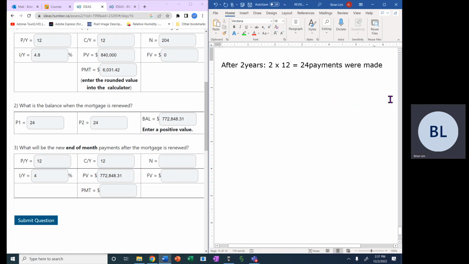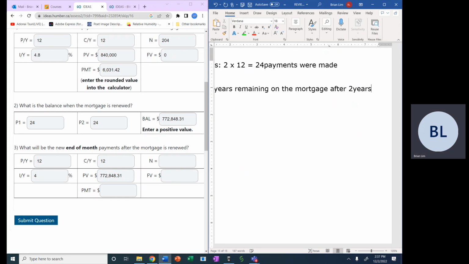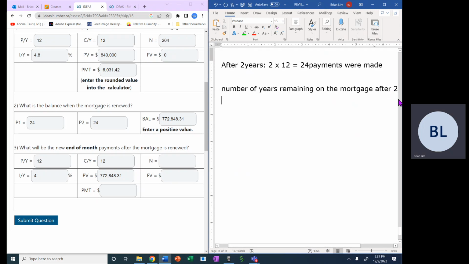Now, how many years are left? So we have to go to the number of years remaining on the mortgage after 2 years. All right? And how many years are remaining? Well, we started at 17, so 17 minus 2 would put us to 15 years remaining.